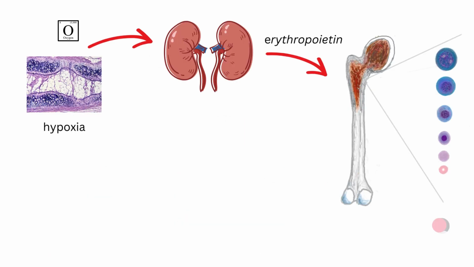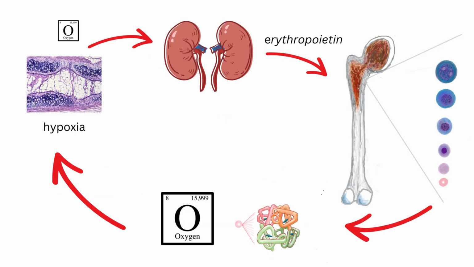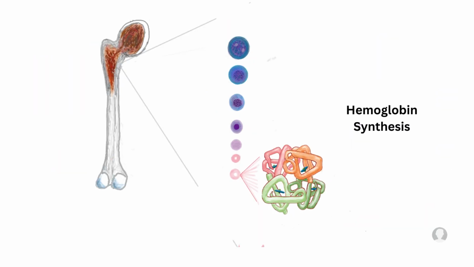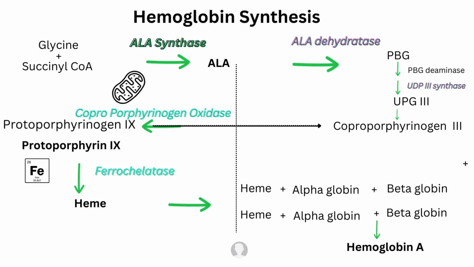Here's a quick review of erythropoiesis. In that context, let's focus now on hemoglobin synthesis. While reviewing hemoglobin synthesis, note the important enzymes, substrates, and products in the biochemical pathway that occurs in the mitochondria and cytosol of the erythroid precursors.